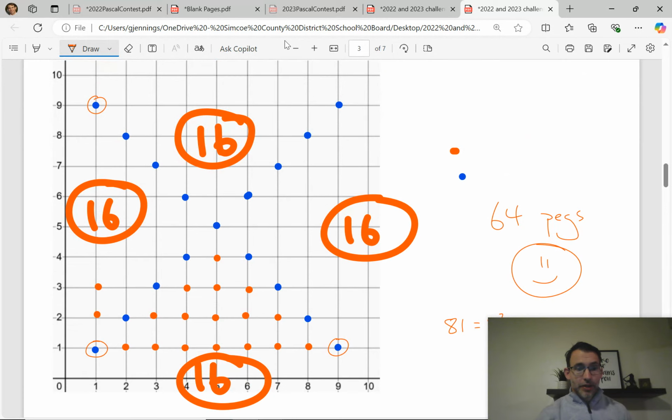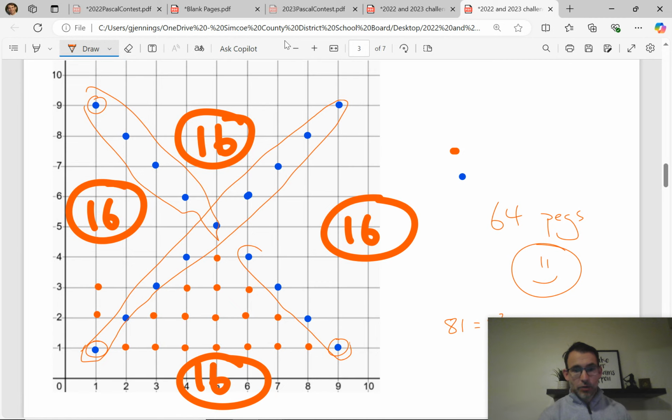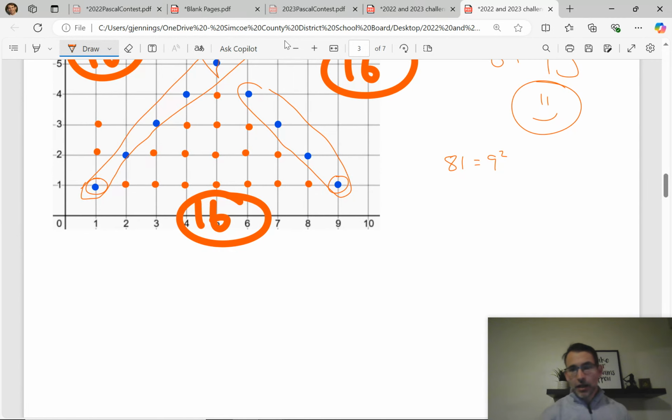Well, here's 9, and then here's 8. There's 4, and there's 4, so 8. So I did it this way: 81 minus 9 minus 8 equals, you guessed it, 64. So there's a few different ways to do this.